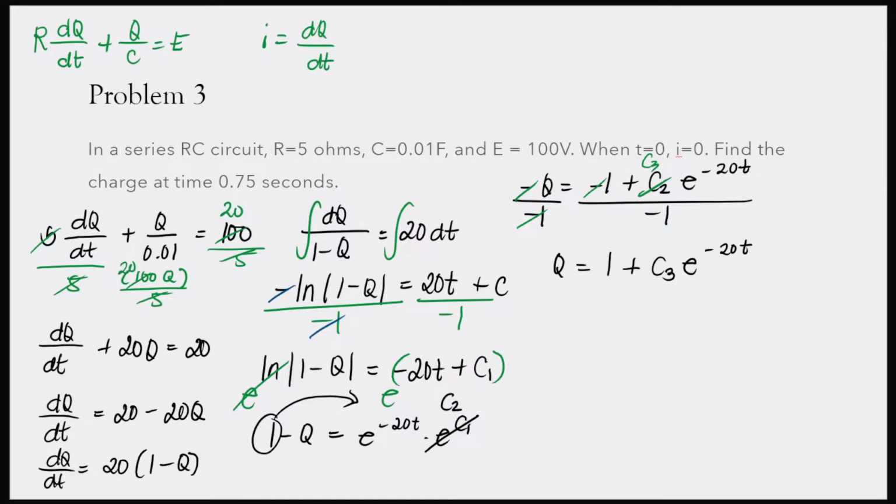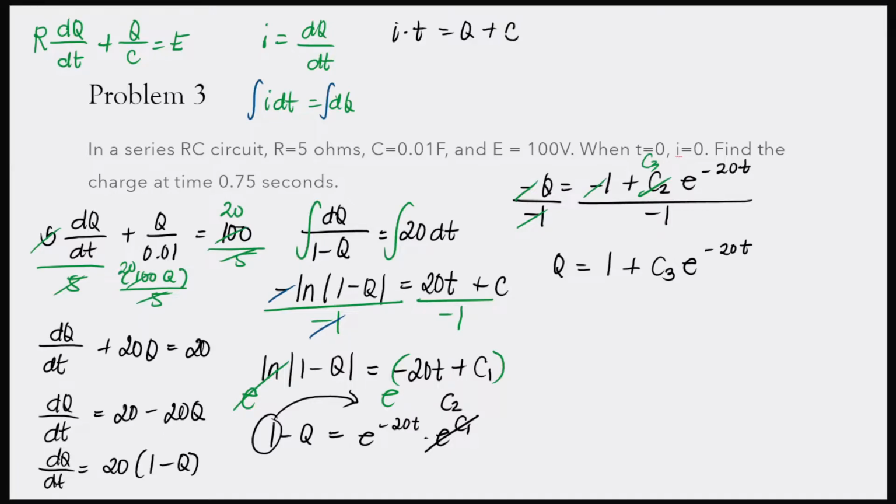So let's solve by getting the integral of dq and dt. Separating variables, we have i dt is equal to dq. Let's integrate. We have it is equal to q plus c.